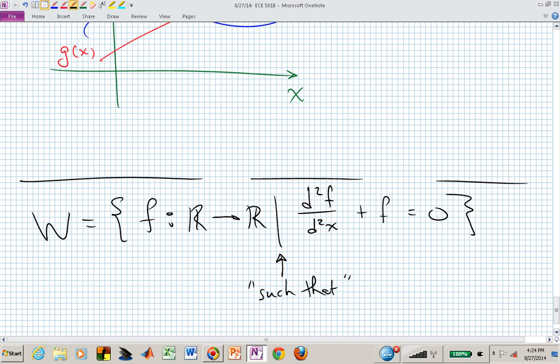So now the second derivative of f with respect to x plus the function itself need to sum to 0. And that collection of f's is now making up this vector space. And you can show that collection of f's satisfies those properties of a vector space: commutativity, associativity. It's closed under addition, closed under scalar multiplication. That still defines a vector space.